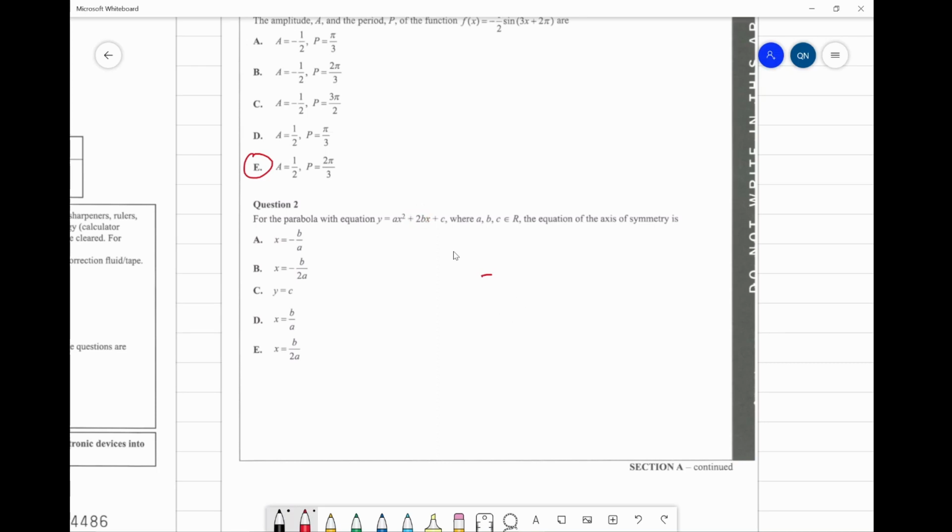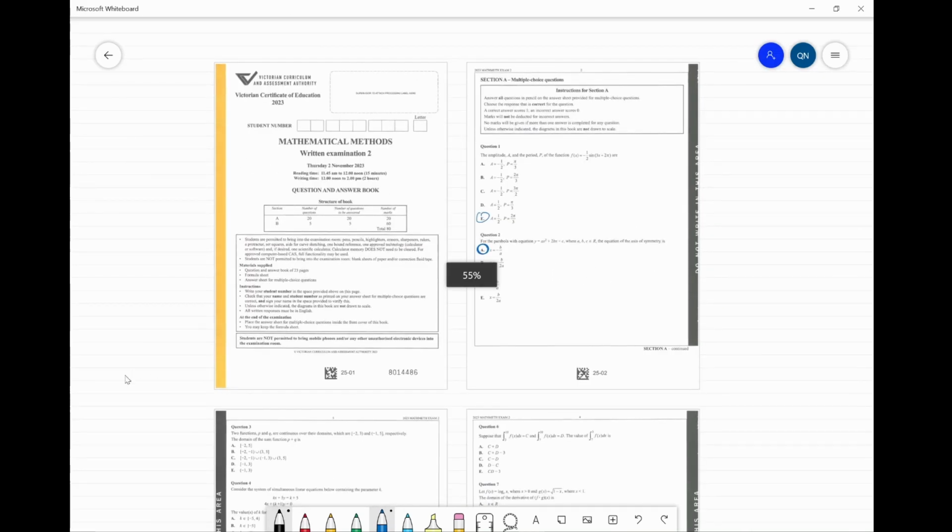So it's minus the coefficient in front of x divided by 2a, where a is the coefficient in front of x squared. The 2's cancel, so you get negative b on a. So option A. I should really do this in blue, not red, because I'm not marking anything.